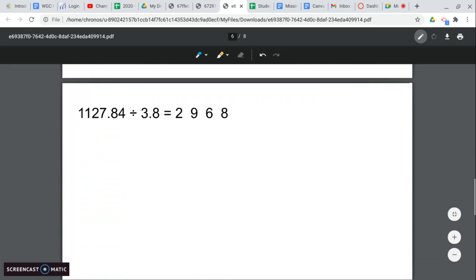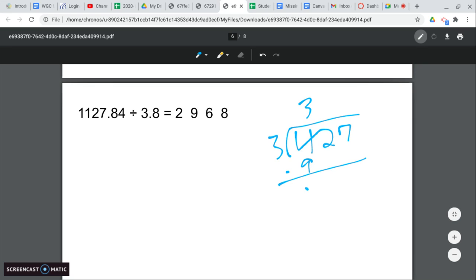Our next one. We have 1,127.84, and we're dividing it by 3.8. Once again, we look at just the 1,127 divided by 3. 3 can go into 11 3 times. 11 minus 9 is 2. Bring down the 2.